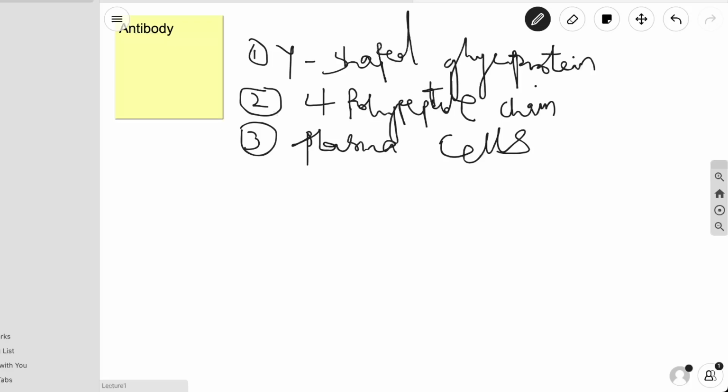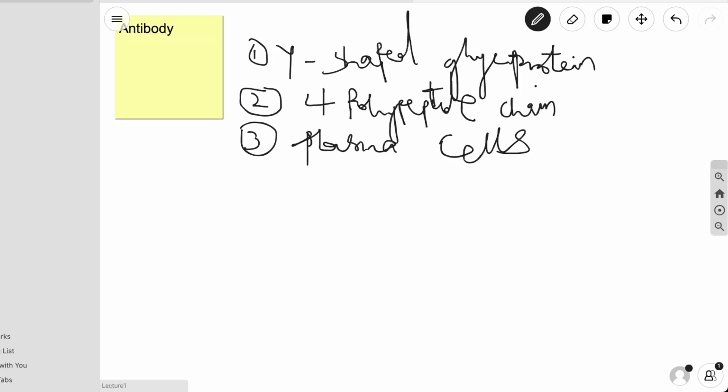So when the B cells encounter any antigen, they tend to activate the system and then differentiate into plasma cells, thereby releasing antibodies into the bloodstream to fight the antigen.